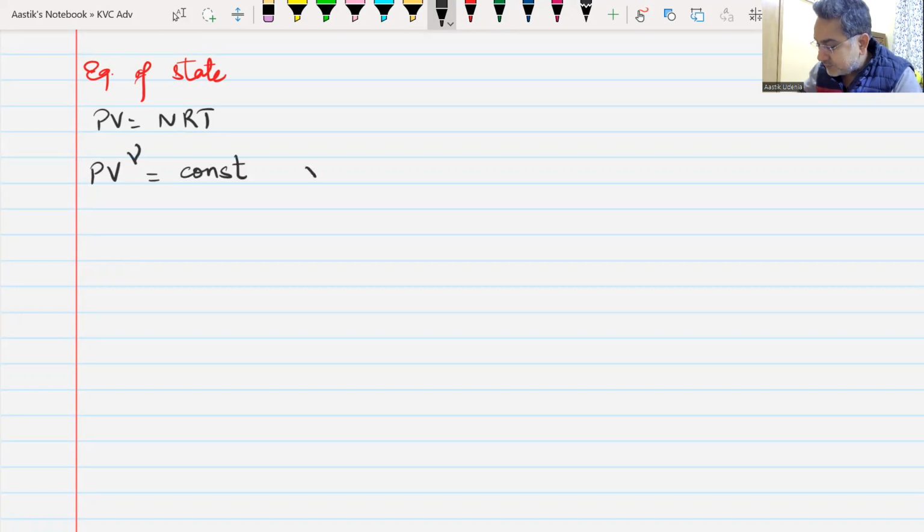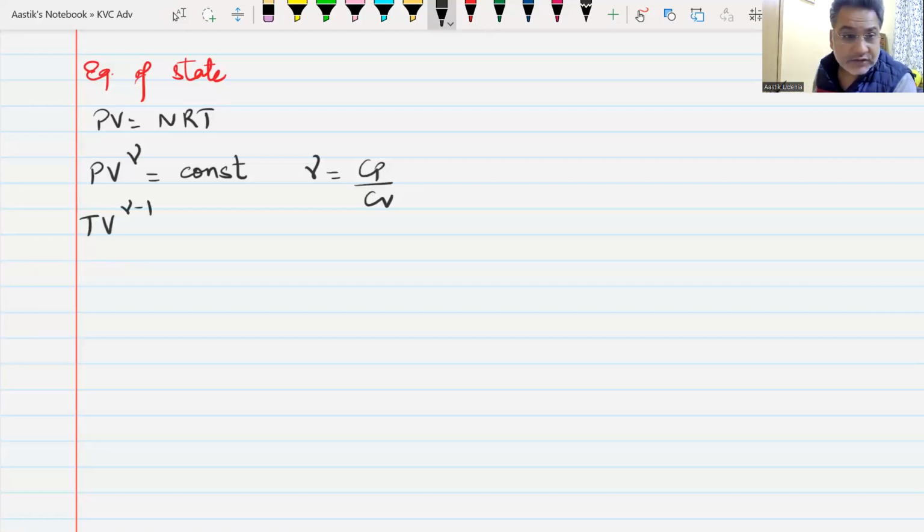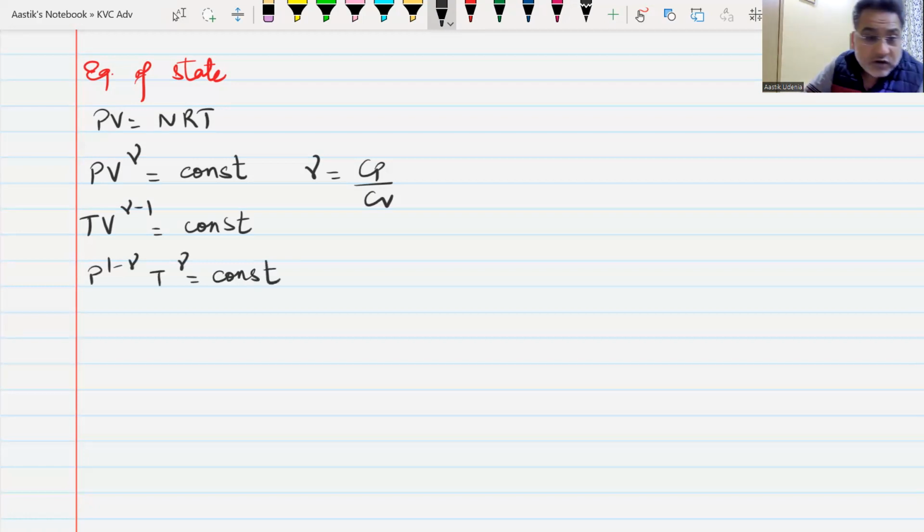This gamma is Cp by Cv. You can substitute P as nRT by V, and you will get the next equation, T into V raised to the power gamma minus 1 is constant. Or you can eliminate V from the equation and write P raised to the power 1 minus gamma, T raised to the power gamma as constant. All these are nothing but the equation of state.